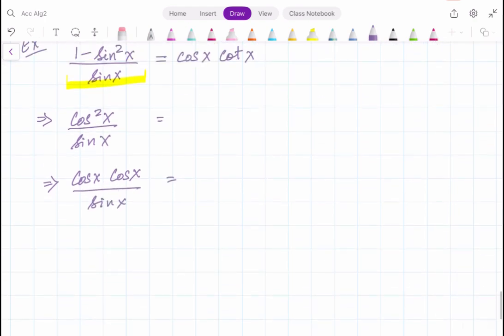Now, we can say cos x divided by sin x is cot x. And then cos x is just hanging in there. And that proves that the right hand side is equal to the left hand side. Done, game over.